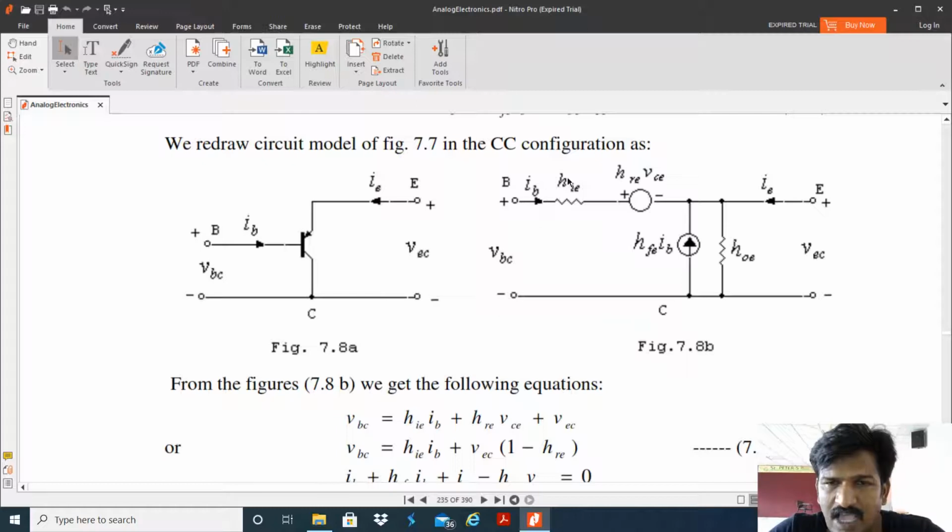VBC is equal to HIE IB plus HRE VCE, and we can have the VEC. You should understand that HFE IB is not considered here because it is a current source.